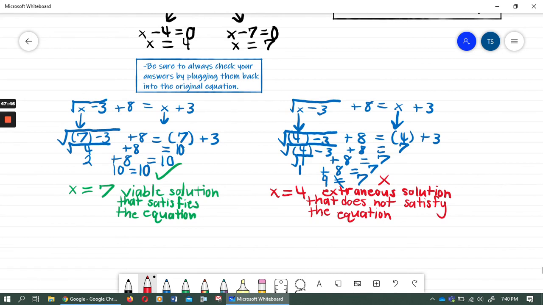And the reason why is because, folks, you may end up getting an answer that is not usable, that's not viable. Not viable, not usable. Okay? And that type of solution that's not usable, that does not satisfy the equation, is called an extraneous solution.